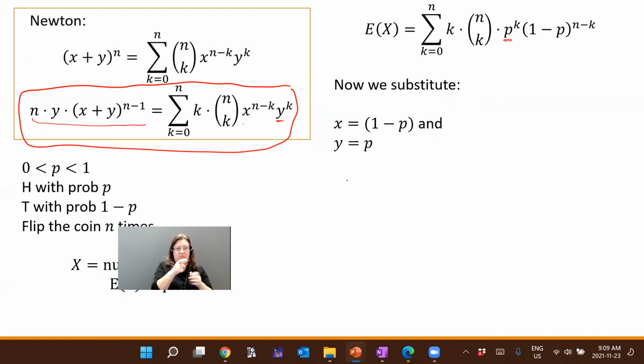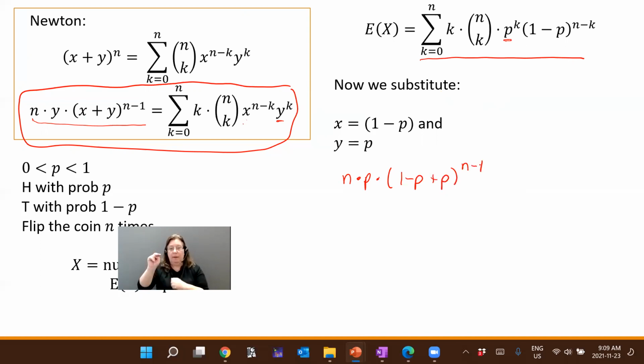If I take n times y times (x plus y) to the n minus 1, now I'm going to substitute: I will put p, x is 1 minus p, and y is p, and this is to the n minus 1.